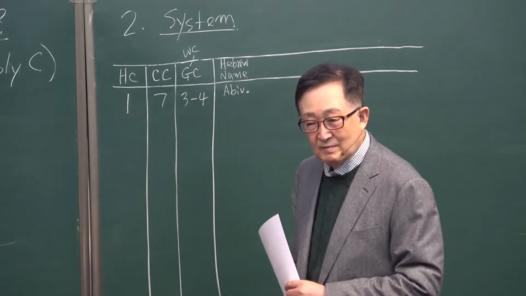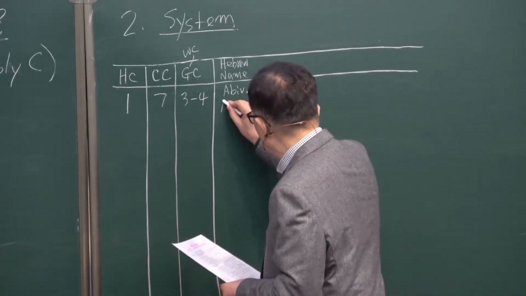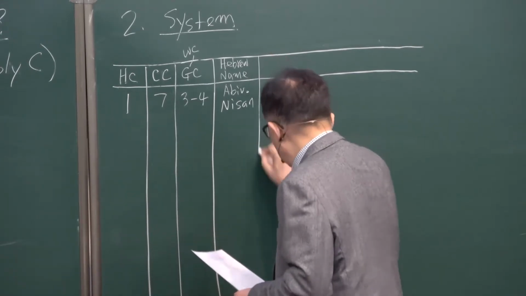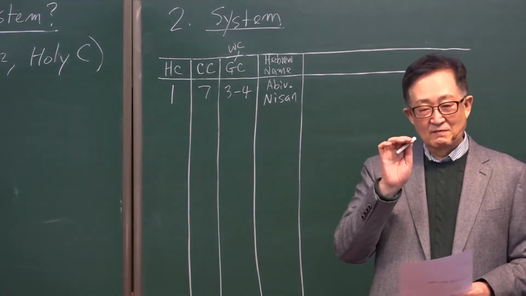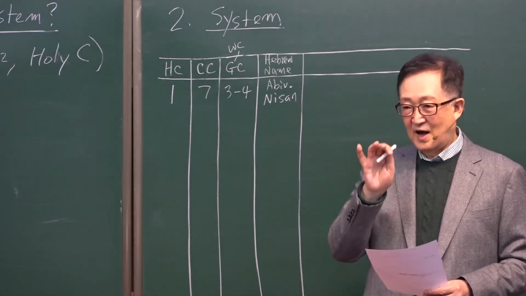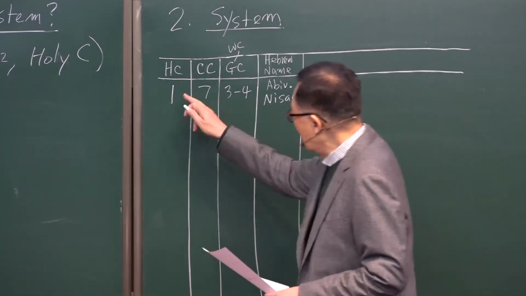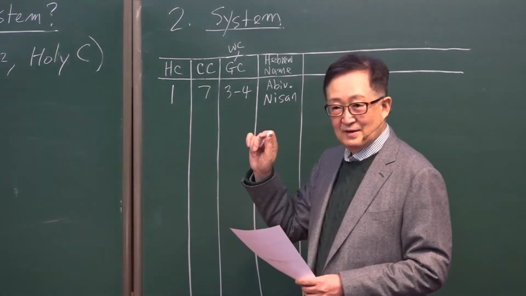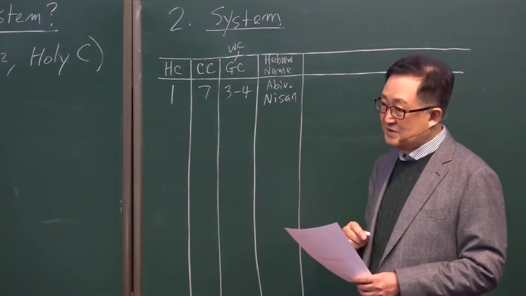Abib. Sometimes Abib and Nisan, Nisan month. So it's very familiar to all of us. It's Abib. That refers to January, or July, or March through April. Abib and Nisan.